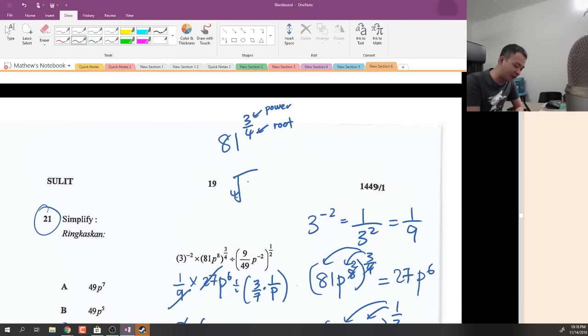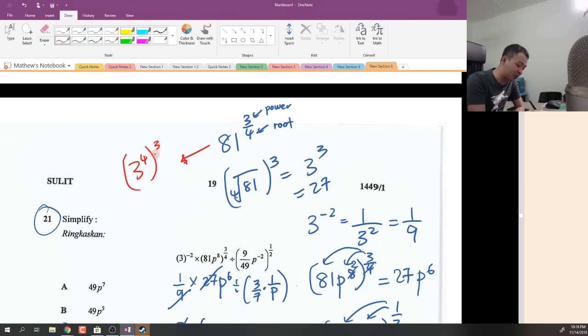Then you get 3 power of 3, you will get 27. If you cannot imagine this one, there's another way you can do it. I know 81 is 3 power of 4. So this one 3 power 4 to the 3 over 4, 4 and 4 simplified, 3 power of 3, I get 27. Just depends how you want to do this one.